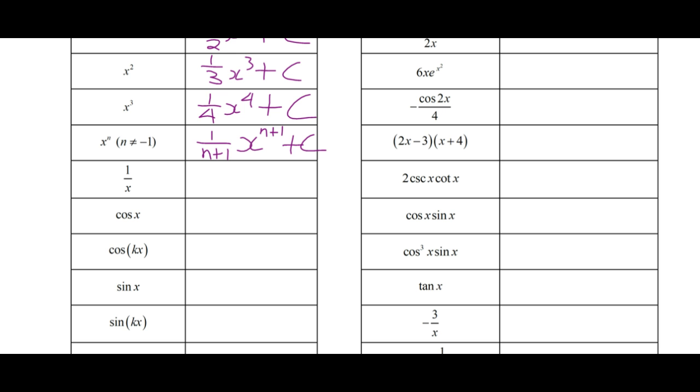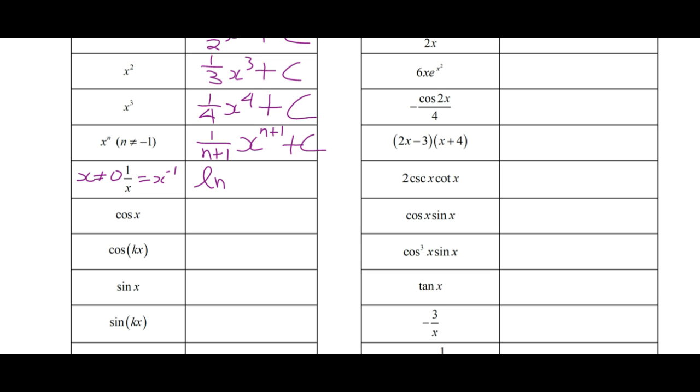Now 1 over x, where x better not be 0. You can think of that as x to the minus 1, but that's not really going to help. So whose derivative is 1 over x? Ln x.